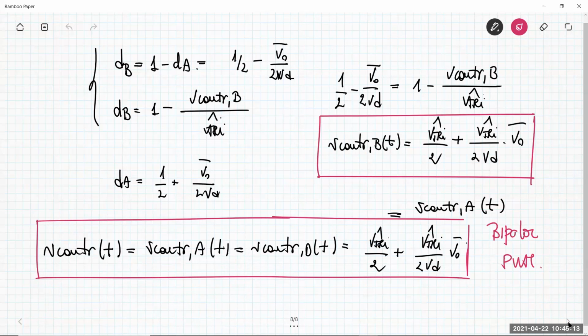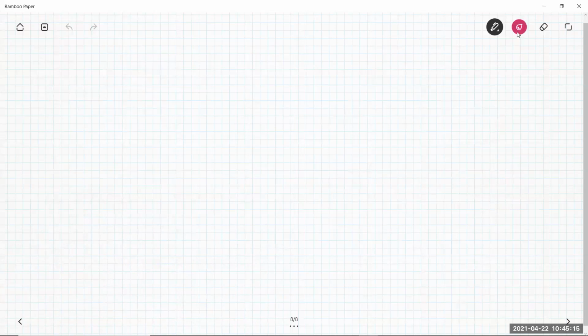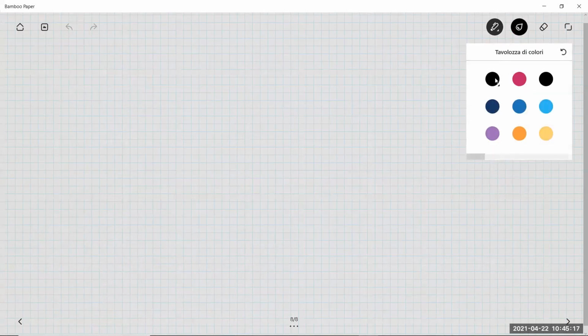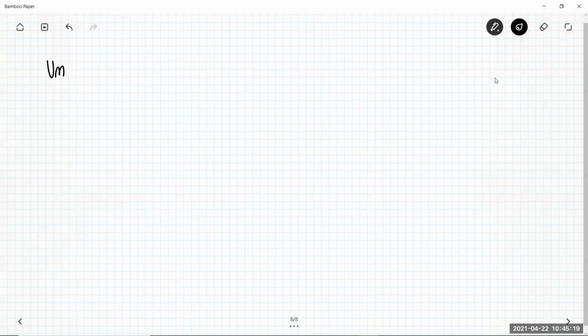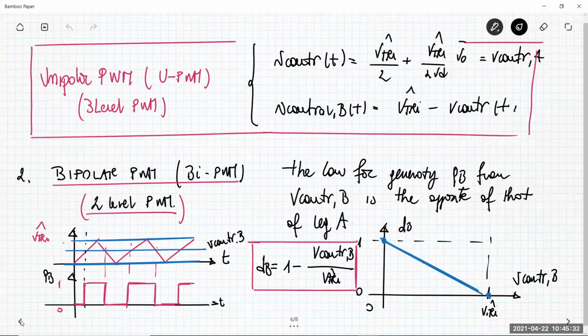Okay, now let's compute the average output voltage for both kinds of modulation we derived. One is the unipolar PWM. How can you get V naught? But simply consider this expression that we found from the first one.